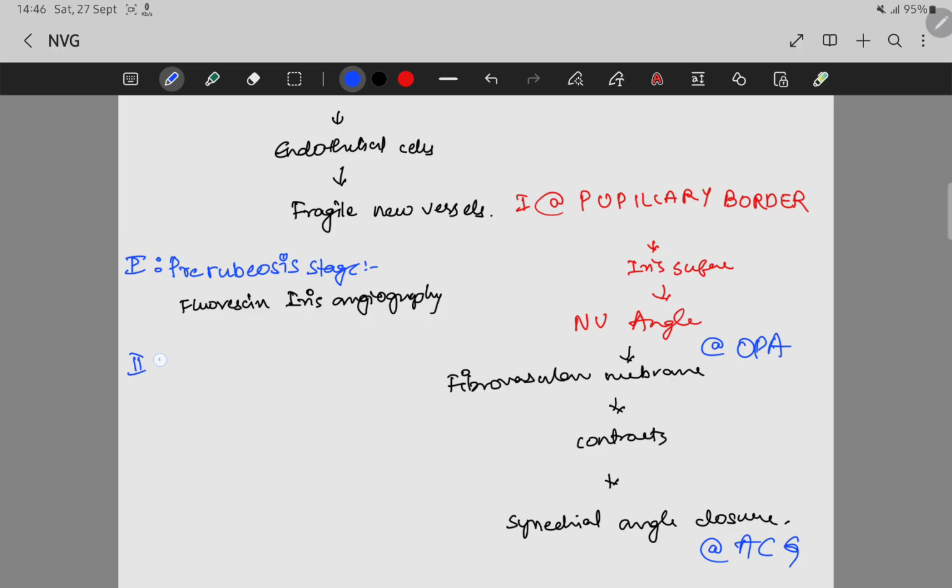Stage 2 is the pre-glaucoma stage, which is rubeosis iridis, in which neovascularization has set in.